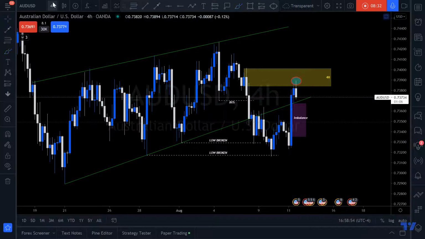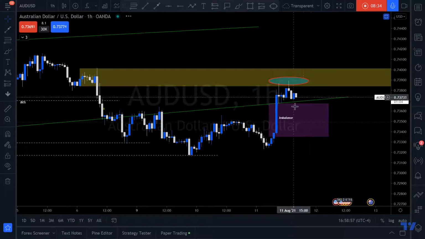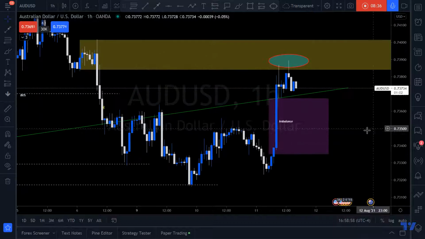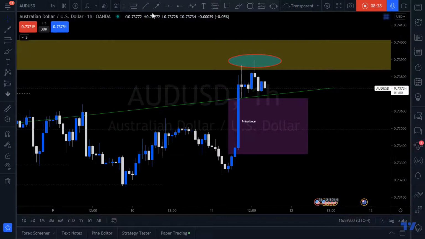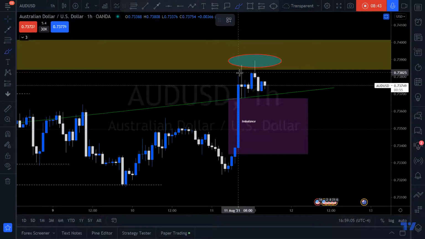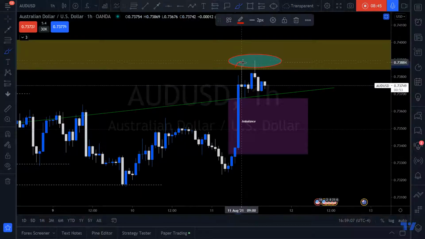And one other thing I want to show you on the 1 hour. If we look at this area, what I'd like to look out for is a head and shoulders pattern or a Quasimodo. Here we have left shoulder, right shoulder.